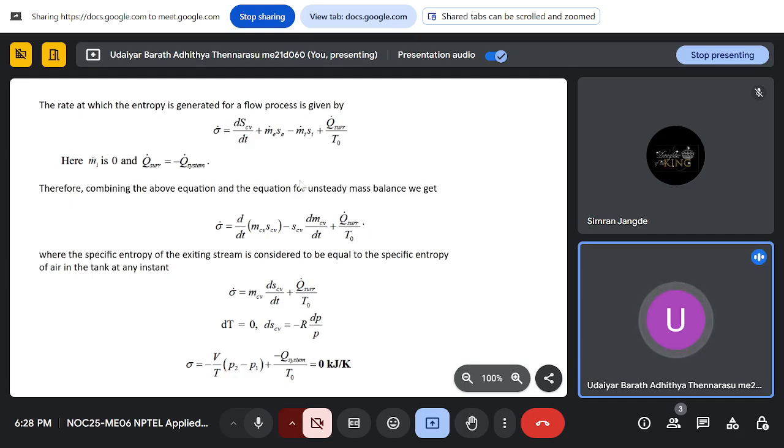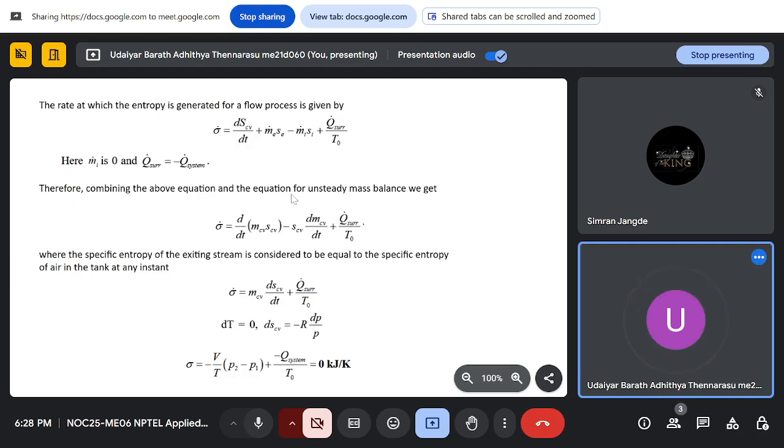Since there is no inlet, there is only gas escaping, so m dot i is 0. q surrounding is nothing but my q, the heat interaction gained by the system. It's opposite of the surrounding. My system is gaining heat, then the surrounding is losing heat.